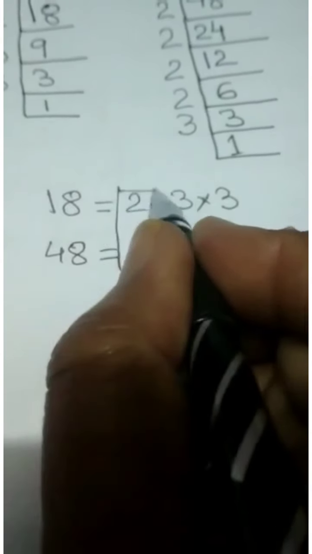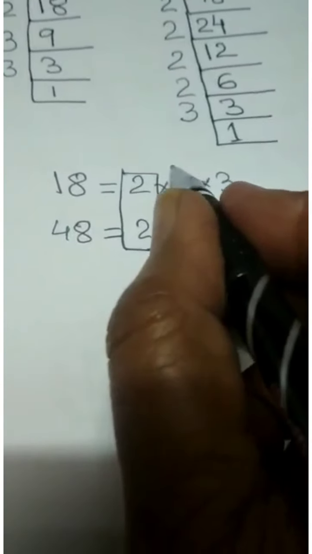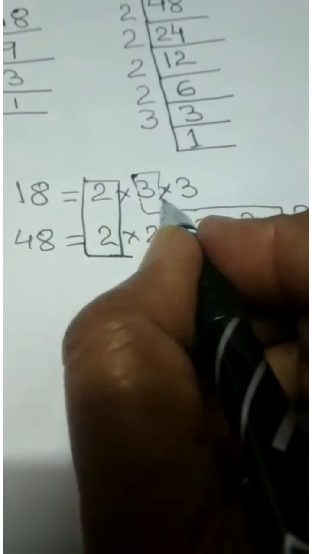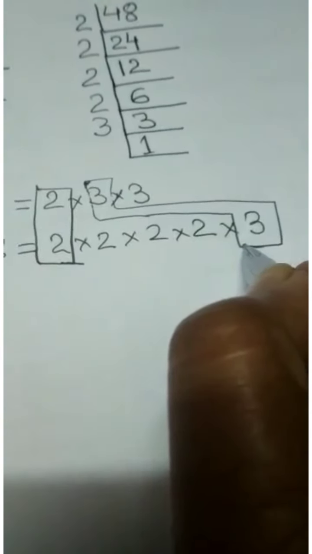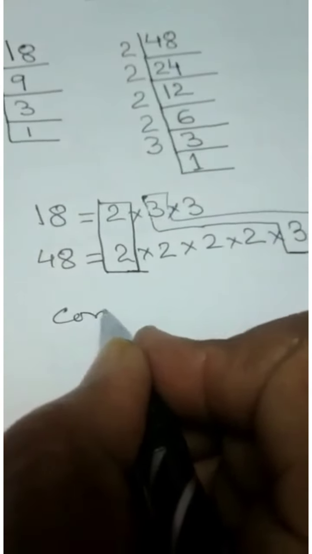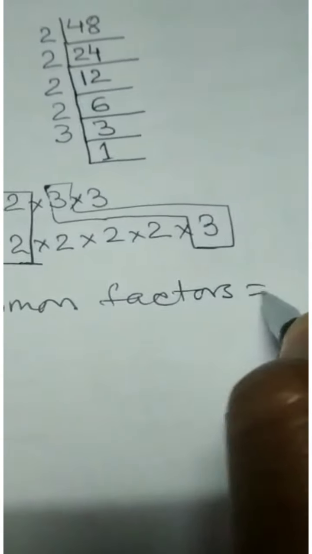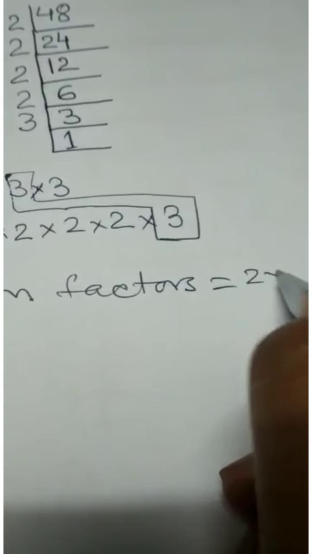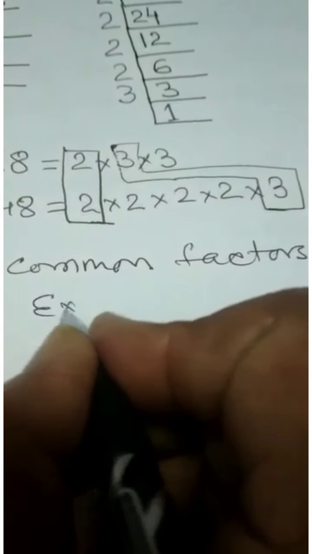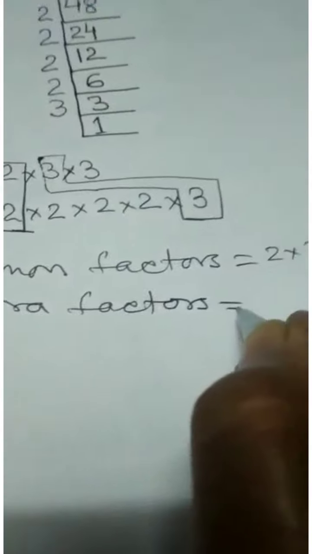Next step is identify the common factors. Here in both the factorizations, 2 and 3 are common. So write common factors: 2 into 3. And extra factors.